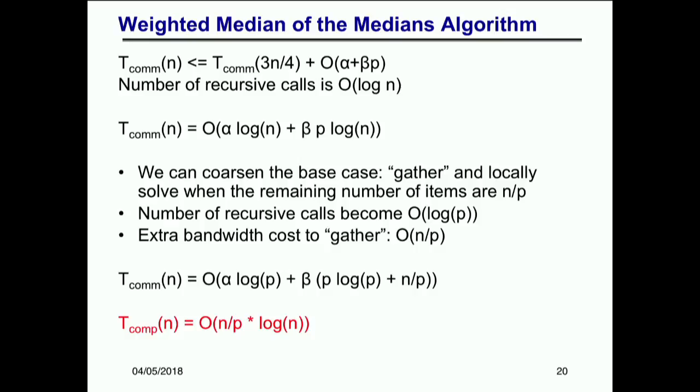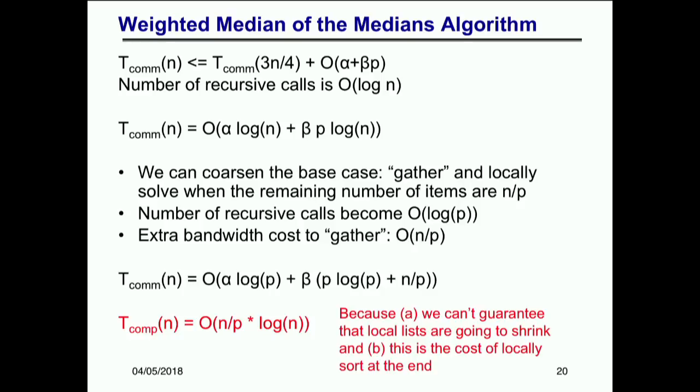And the computation, unfortunately, is this guy, n over p times log n. And there are two reasons why this is. One is related to your question. I'm not getting rid of the local lists. So I can't prove that the local list size will shrink. So n over p can be n over p throughout the whole computation.